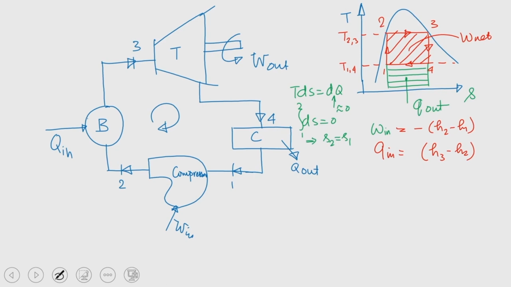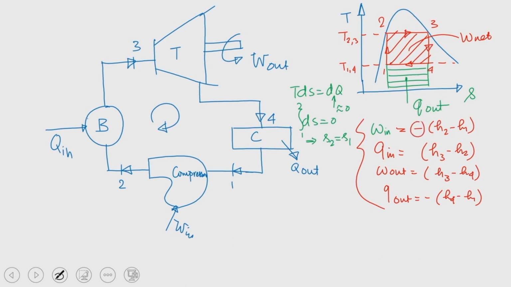I am writing in the specific form. W out equal to H3 minus H4, and Q out equal to minus (H4 minus H1), right. All these 4 quantities we have discussed, you can write by applying the first law of thermodynamics to steady state steady flow processes.